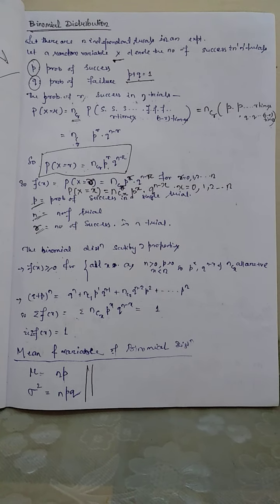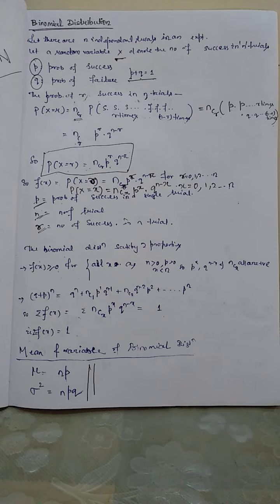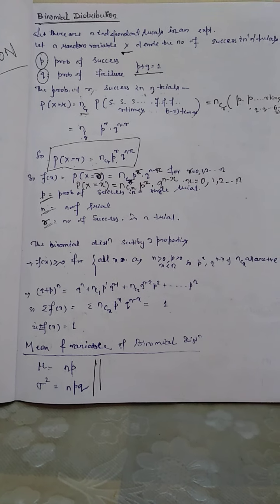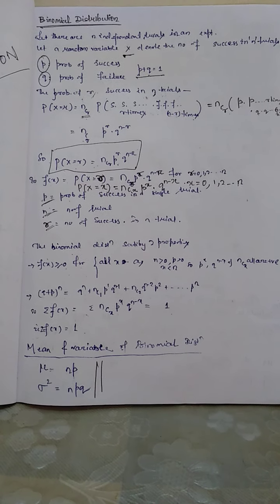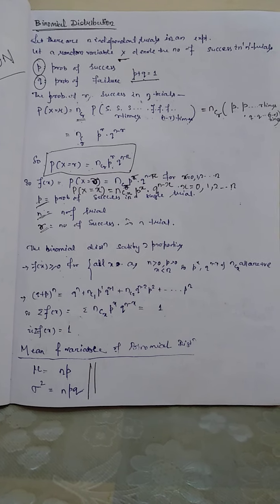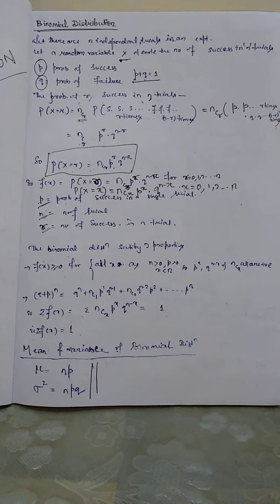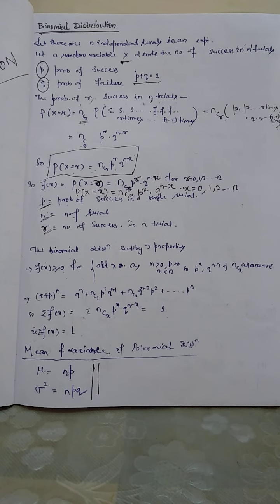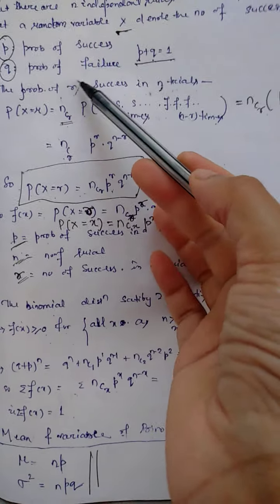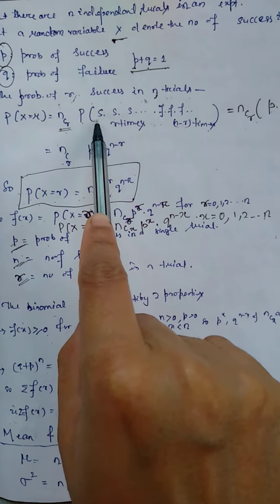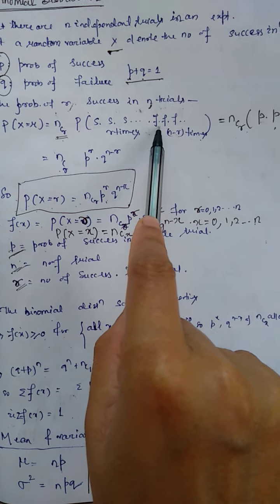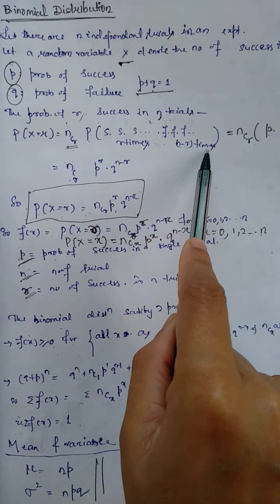Then p plus q is equal to 1, that all of you know, that is, total probability is always 1. So the probability of r successes in n trials, you are doing an experiment n times and calculating the probability of r successes in n trials. That is, the probability of the random variable x equal to r. Success is repeated r times and failure is repeated n minus r times.